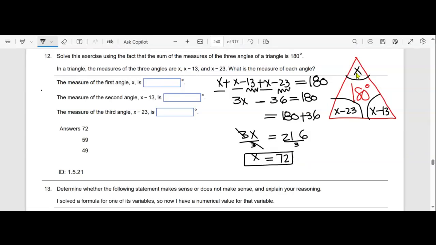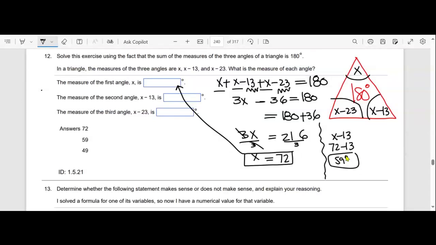Which angle is this? This is the first angle, right? Yeah. So the answer goes in here. Now what about the second angle? The second angle is x minus 13. So 72 minus 13. How much is that? 59.